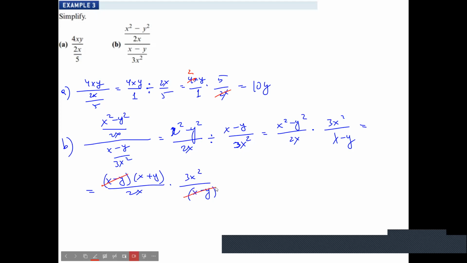So this and that, this and that. What I have, 3x, x plus y over 2. Or you can put it like this, 3 over 2x, x plus y. It's a question of your taste.